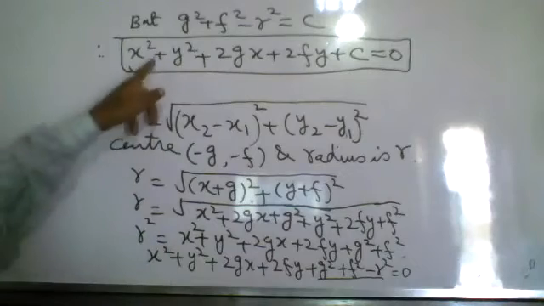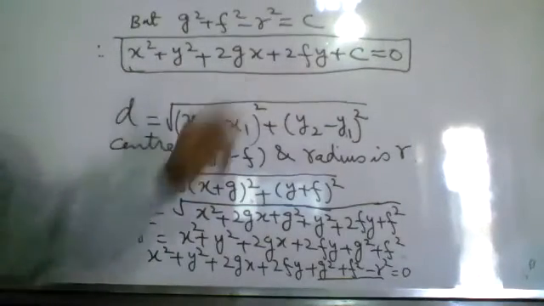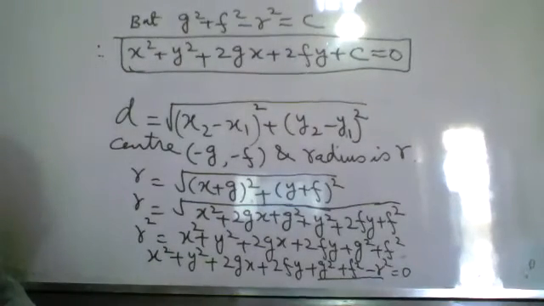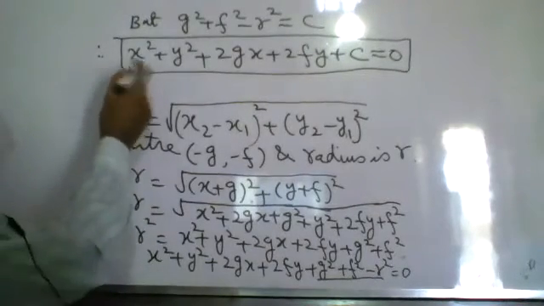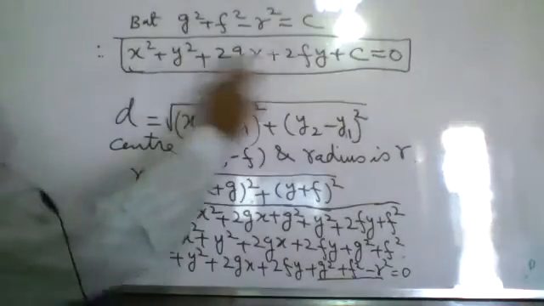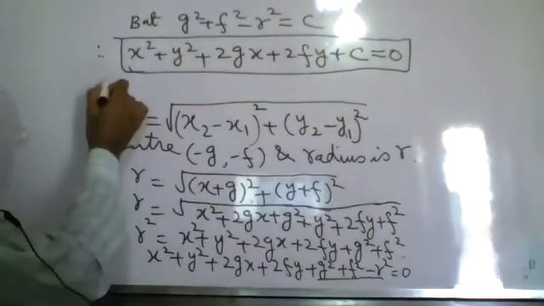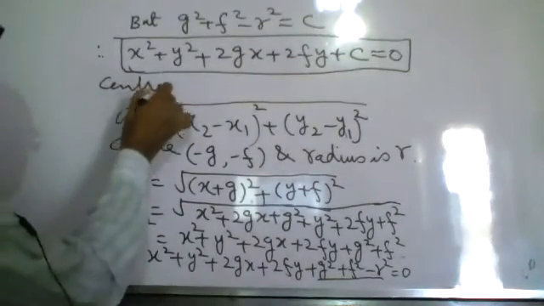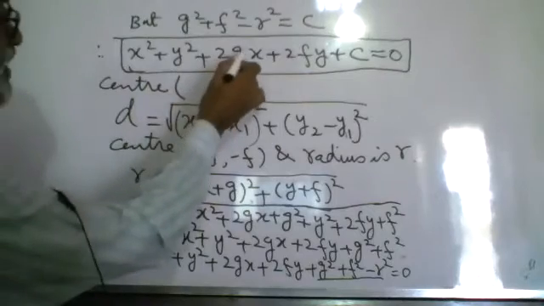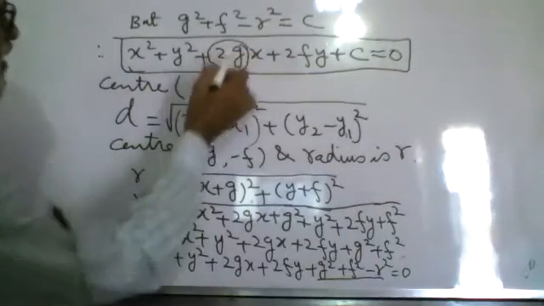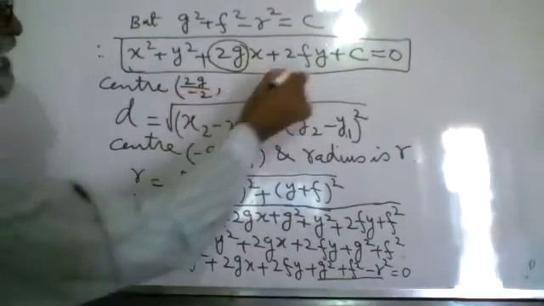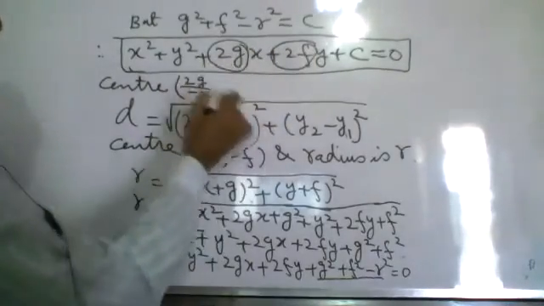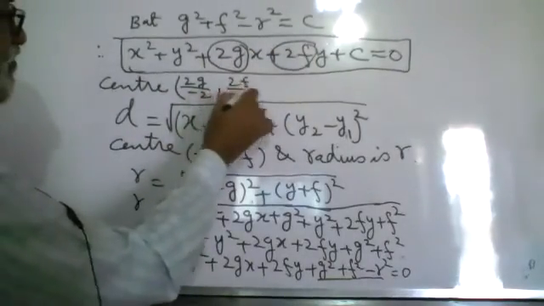And when the equation of the circle is given, how to find the coordinates of the center and the radius? If the equation is given, how to find the center? The coefficient of x will be divided by minus 2. The coefficient of y will also be divided by minus 2.